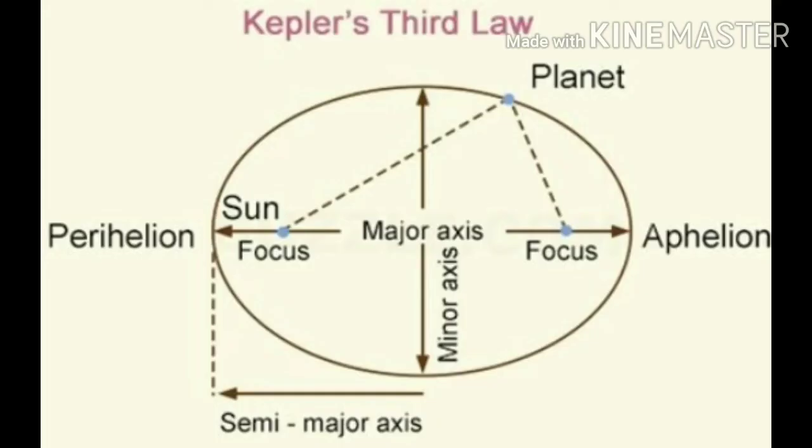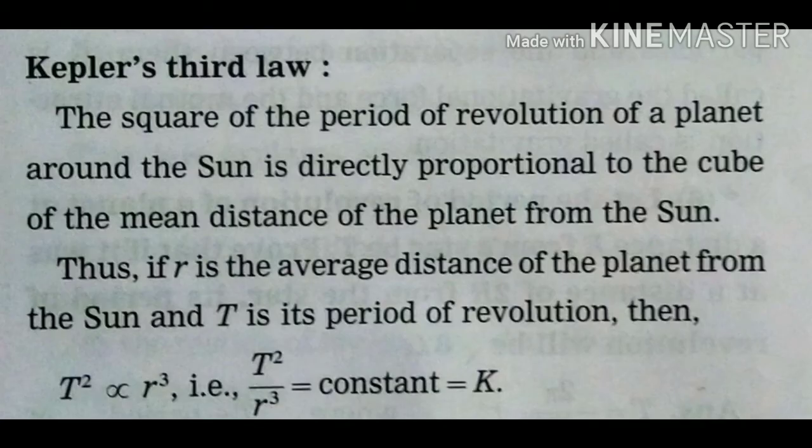Next, Kepler's third law. The square of the period of revolution of a planet around the sun is directly proportional to the cube of the mean distance of the planet from the sun.